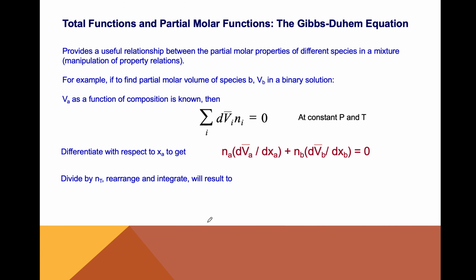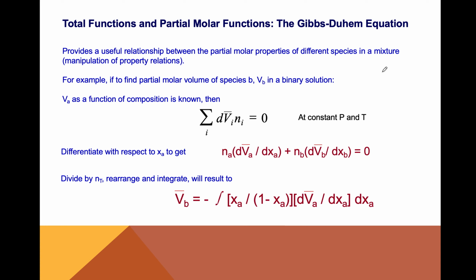Okay, total function and partial molar function, the Gibbs-Duhem equation. It provides a useful relationship between the partial molar properties of different species in a mixture, whereby it is a manipulation of property relations.